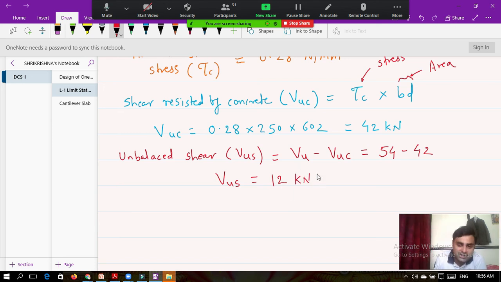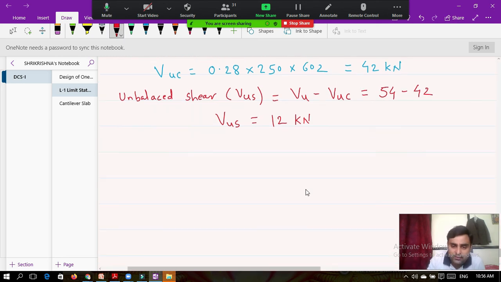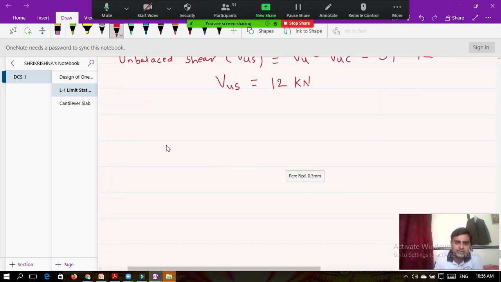So now you may be clear with the things. For this extra 12 kilonewton shear force, we need to design the shear reinforcement. That is, we should provide the stirrups for this shear force. So after calculation of this unbalanced shear, here you need to provide the stirrups.